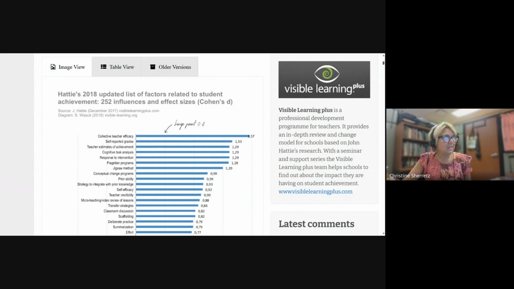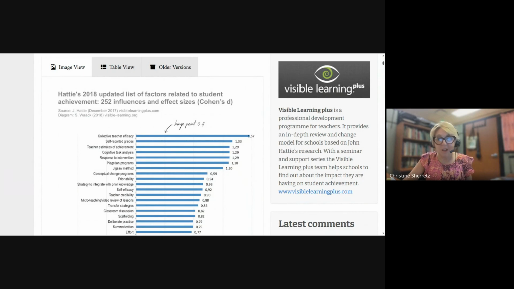So we can see that in this research, collective teacher efficacy is the most important thing. That is when teachers believe and when they are highly effective, and as a group, they have that knowledge and skill set. They have the efficacy where they say, yeah, if I'm teaching, the kids are going to achieve.